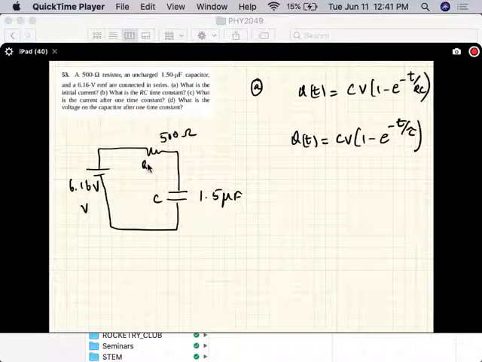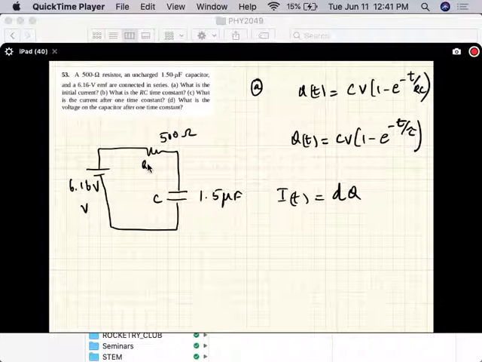Okay, so the charge is building because of the current flowing, and the current at any time is given by dq by dt. You take the time derivative of that. The derivative of the constant term is 0.